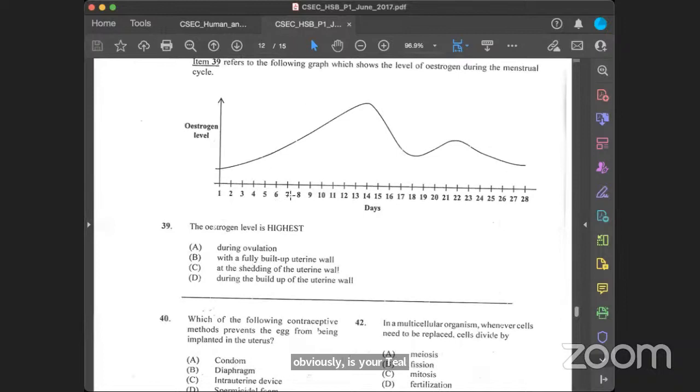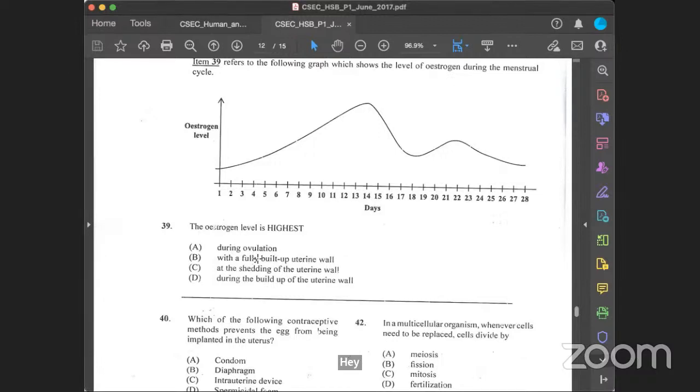So we have the menstrual cycle here. Estrogen is the highest at what day? It wouldn't be D. Wouldn't be B. A, sorry.